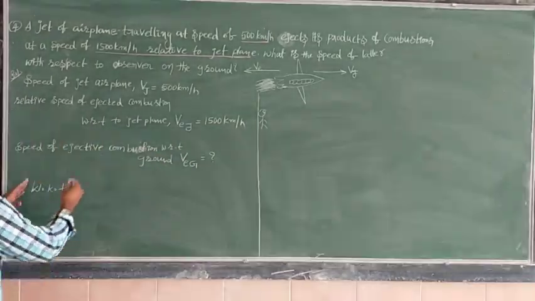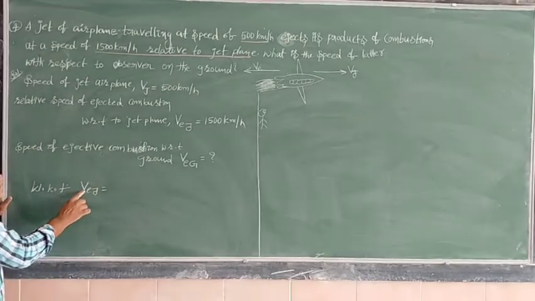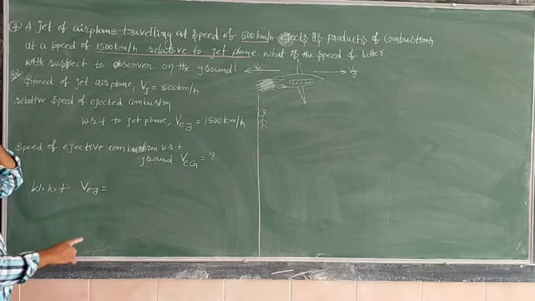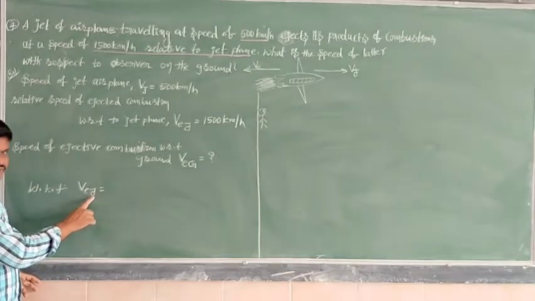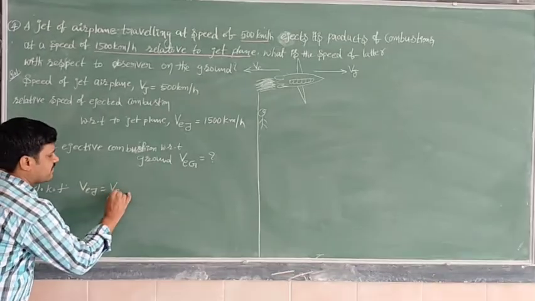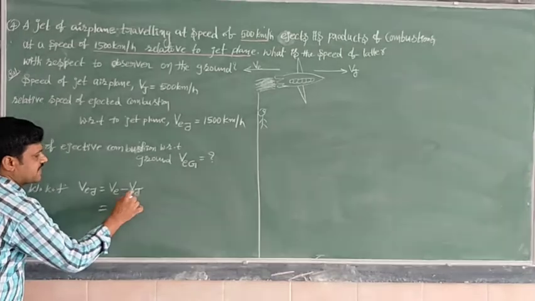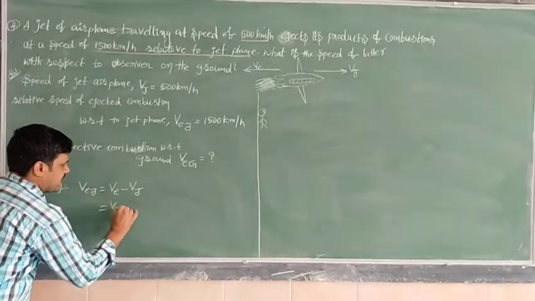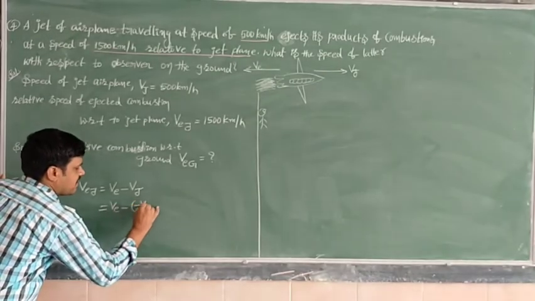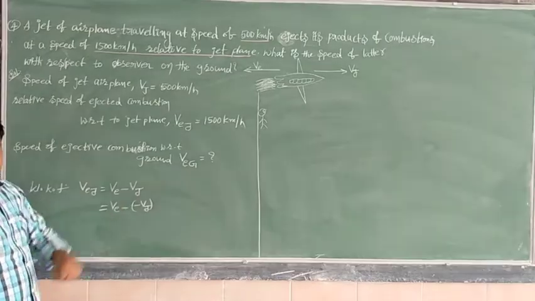Now we know that V_EJ, the speed of the ejection with respect to the jet, can be written as V_E minus V_J. But V_E and V_J are in opposite directions, so we take minus of V_J.